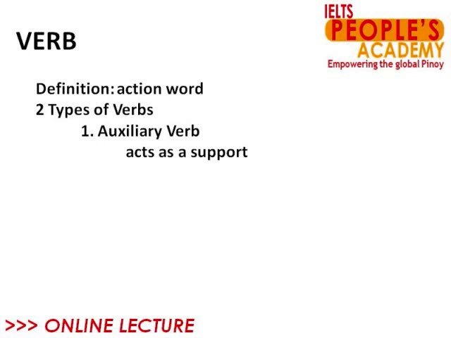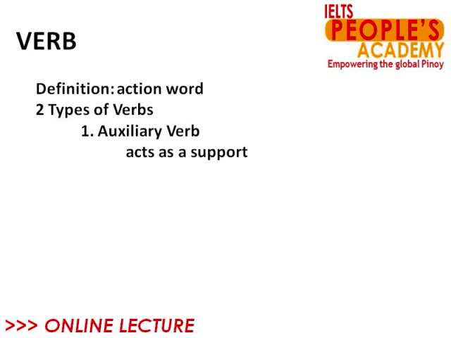Some people call it linking verb, some people would call it supporting verb, but secondary verb as well in some other books. But the idea, yes, it acts as a support. Now, the word support supposes that you also have another type of verb, which is called, of course, the main verb, which I'd like to discuss with you later.